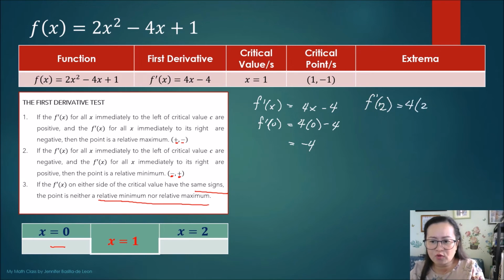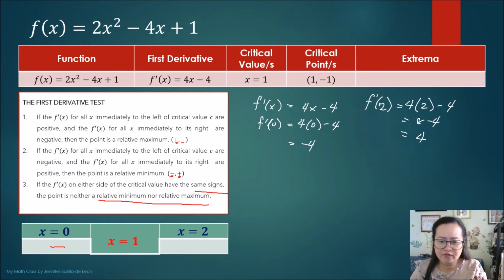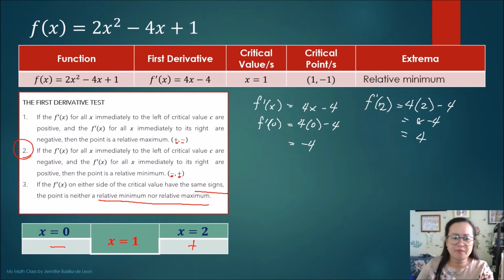Then we will have 4 times 2 minus 4, so 8 minus 4, then we will have positive 4. So on the right side, we have positive. Now, since we have negative, positive, we shall use the second rule. That means that the point is a relative minimum.